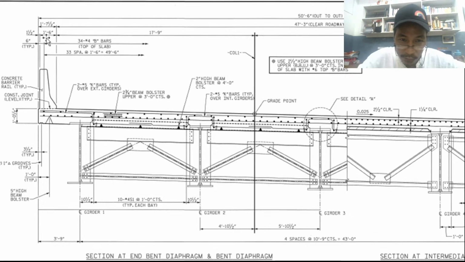So 1 feet and 6 inches plus 1 feet and 6 inches, that is 3 feet. So 3 feet plus 47 feet, so 50 feet and 3 inches. This is 6 inches, so 6 inches minus 3 inches, 3 inches. Divide by 2, so 1.5 inches here, 1.5 inches to the other side.